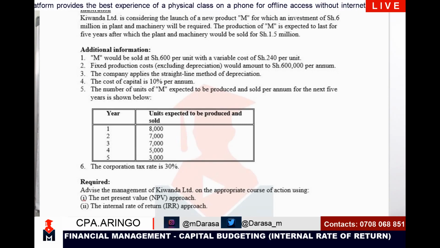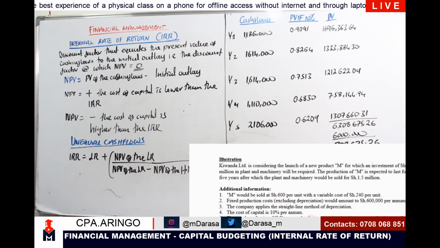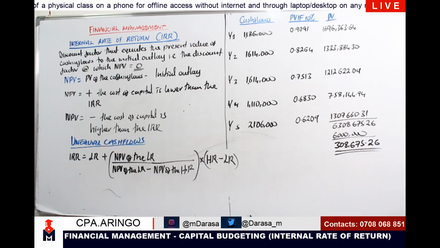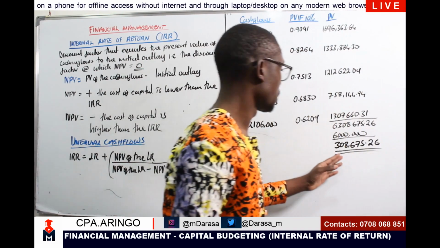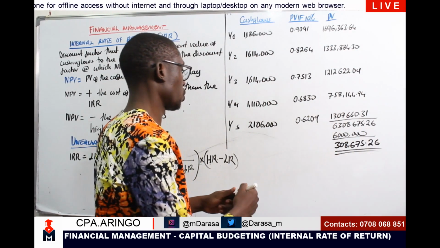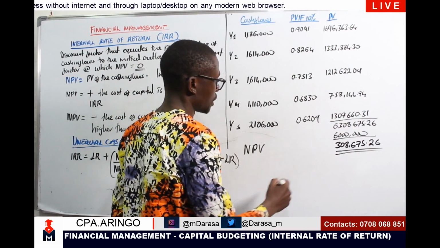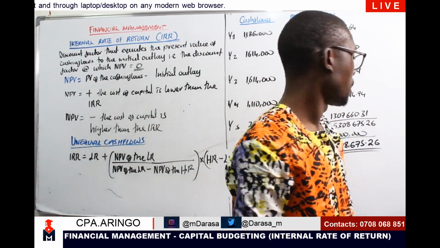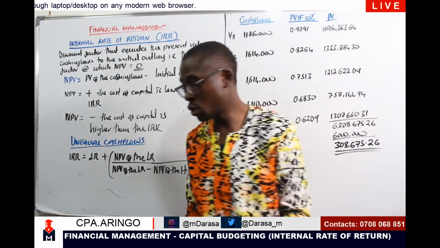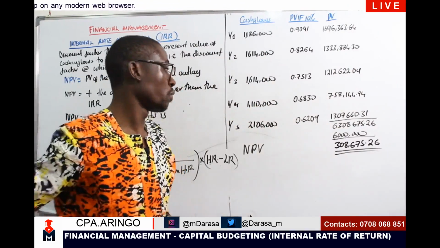So having that case, I'll just use this question of ours here. Because you have it, or you've taken a screenshot of it, I'll just remove it completely. And this is what we arrived at. In that question, this is how we computed our NPV. We arrived at our NPV and we got a figure of 308,675.26. That is what we did in that question of ours.